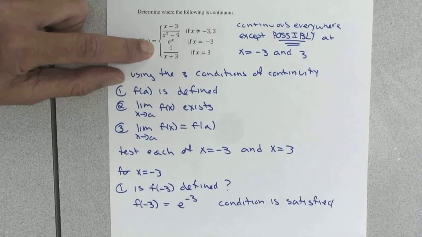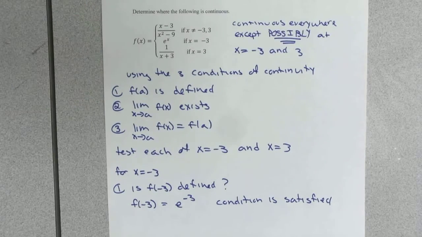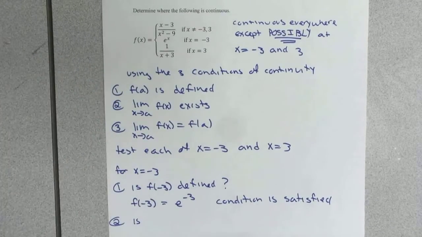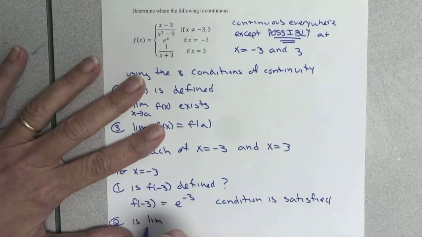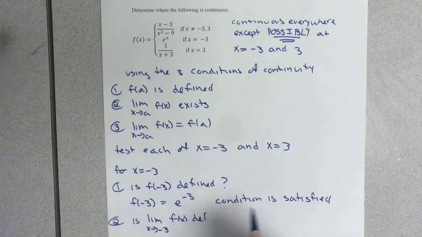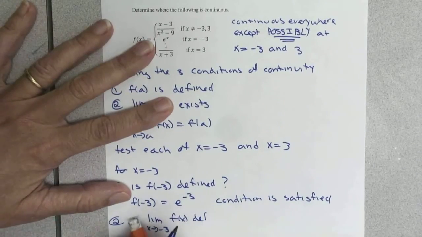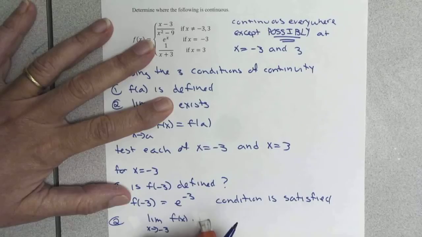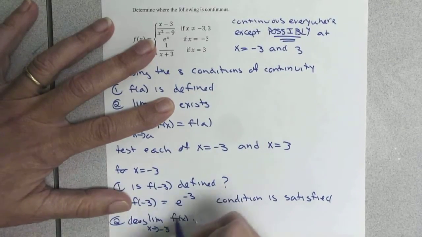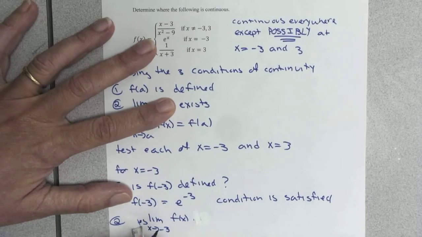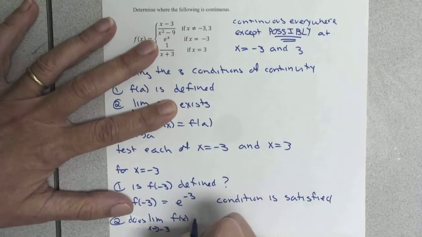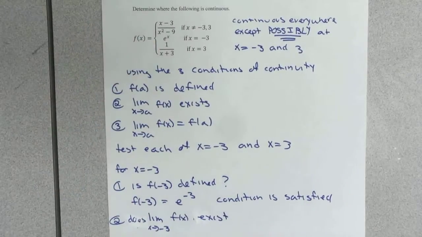If x is equal to negative 3, we use e to the x. 2, does the limit as x approaches negative 3 of f of x exist?